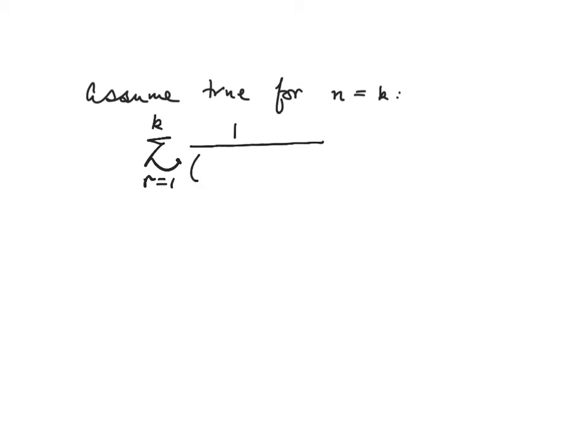We want to assume it's true for n equals k. So sigma r equals 1 to k of 1 over, and that's 3r minus 2, 3r plus 1 equals k over 3k plus 1.